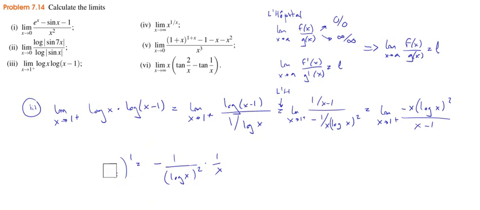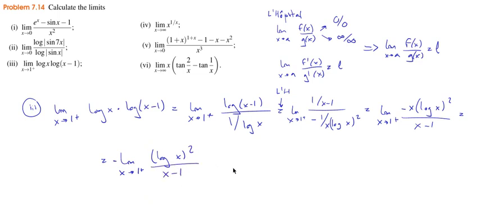Because the product of the limits is the limit of the product. So we have the limit when x goes to 1 of the logarithm of x squared divided by x minus 1, and multiplied by minus here.